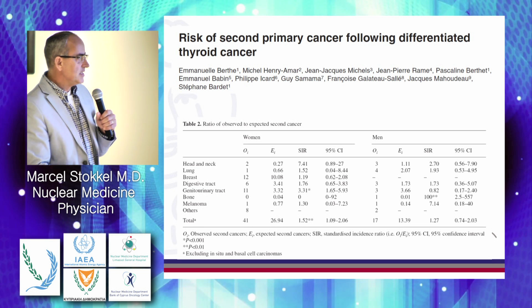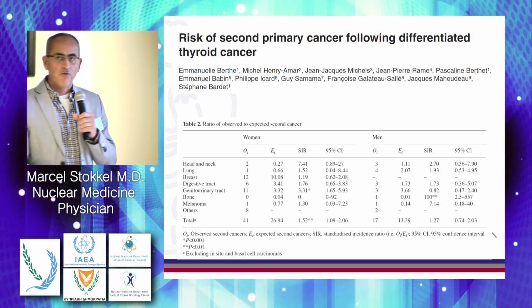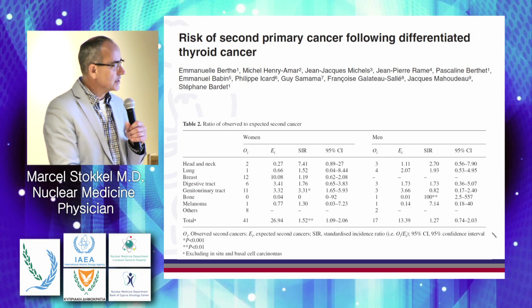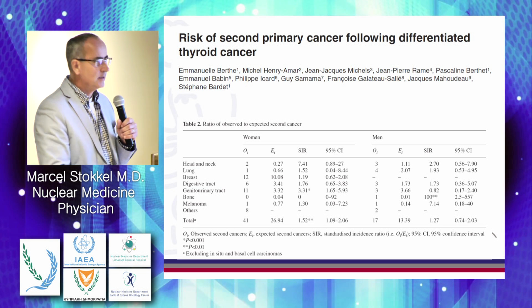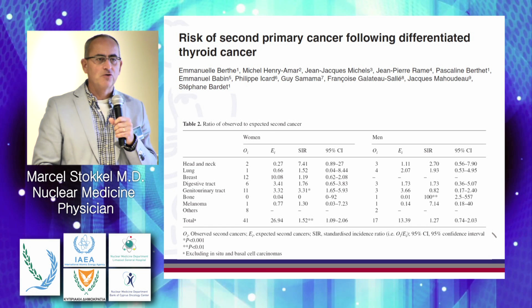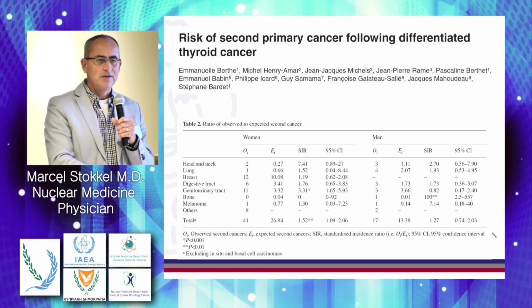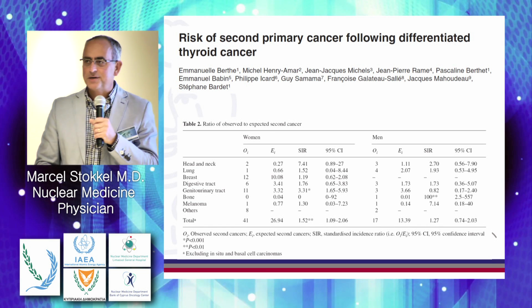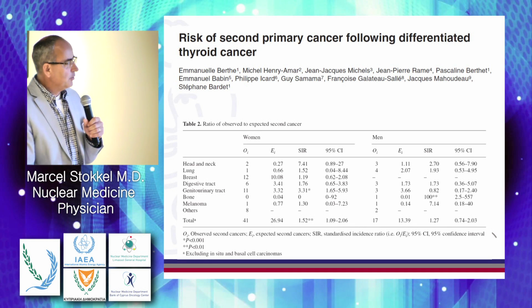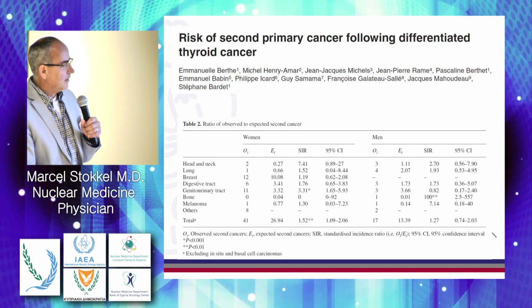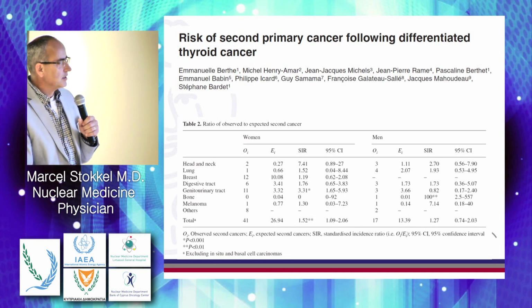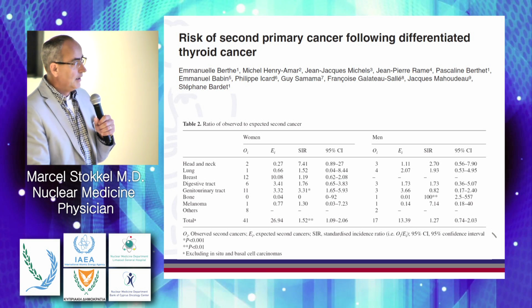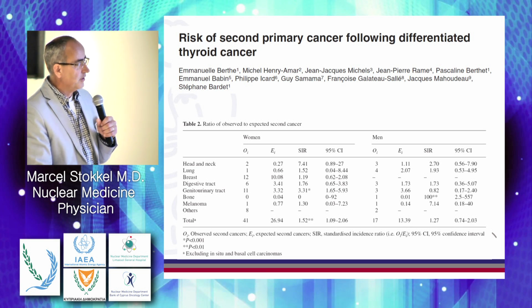And what is observed is that when the 95% confidence interval crosses the value of 1, or has 1 in between, it means that there is no significant correlation between radiation and the induction of second primaries. And from this table you can see that there is not an increased risk in this population, because 1 is between 0.89 and 2.7.